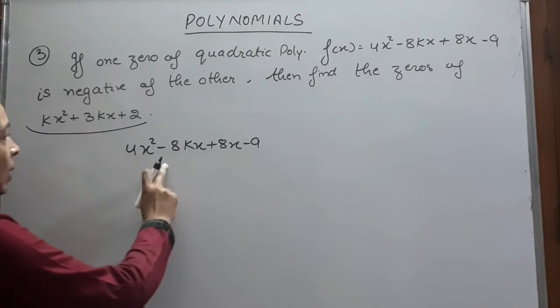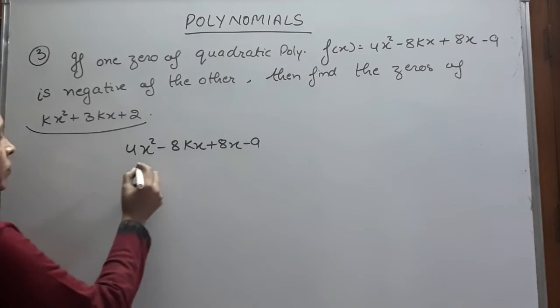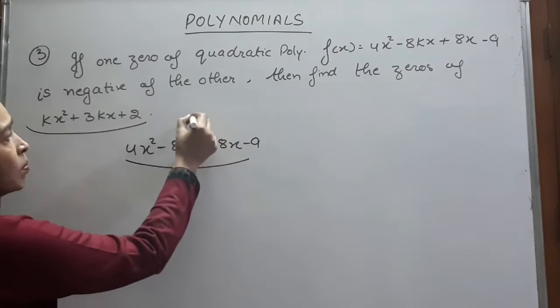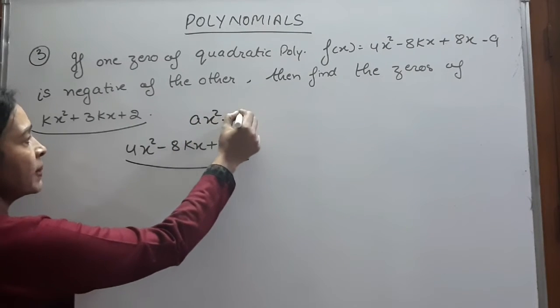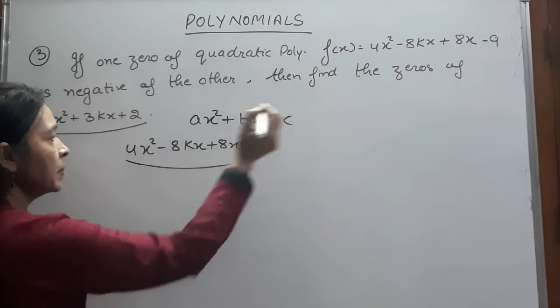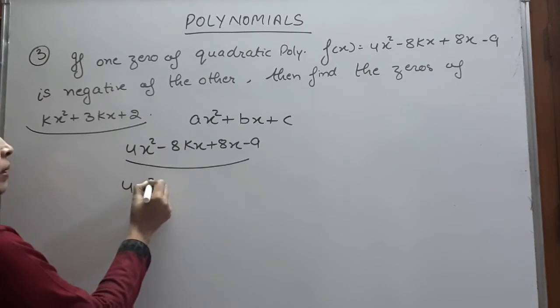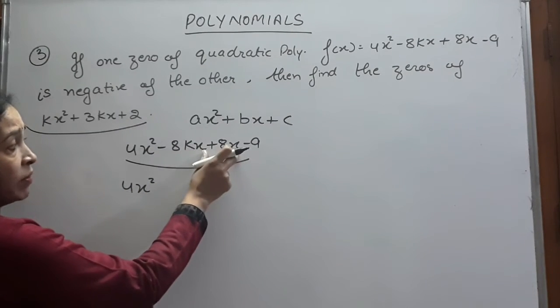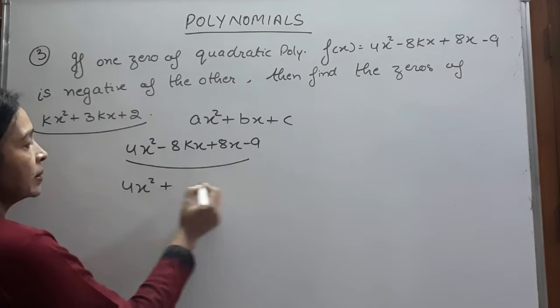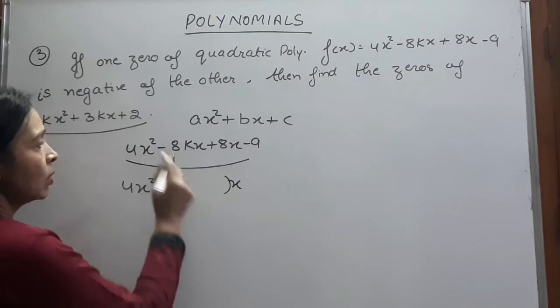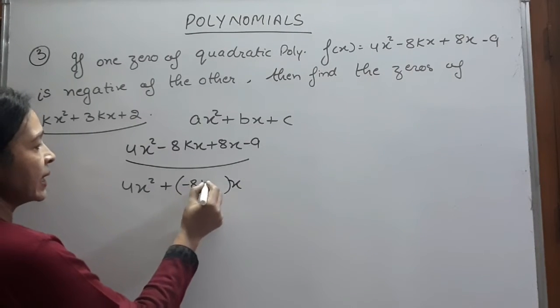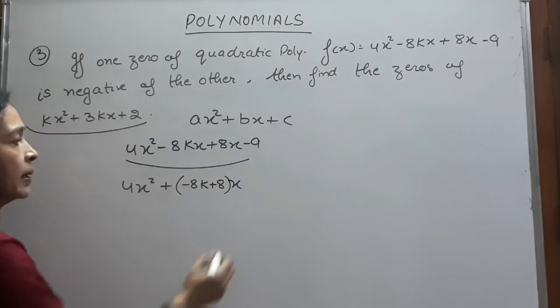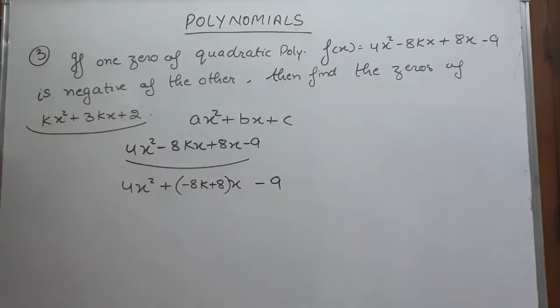Now children, in this polynomial, the first step is to write it in the general form, which is ax square plus bx plus c. We have 4x square. We have x with two terms. Take it as common. What is left? Minus 8k plus 8, minus 9.